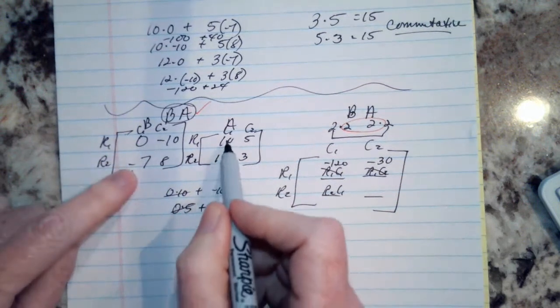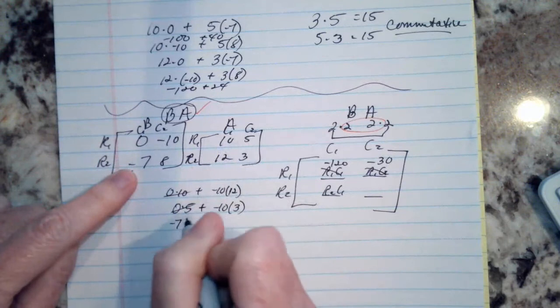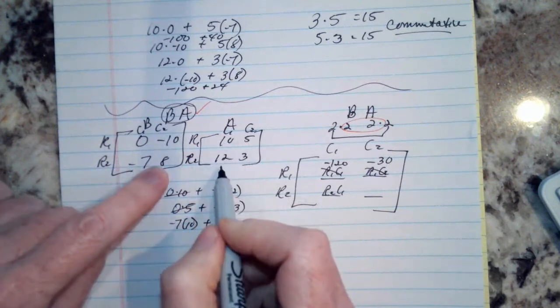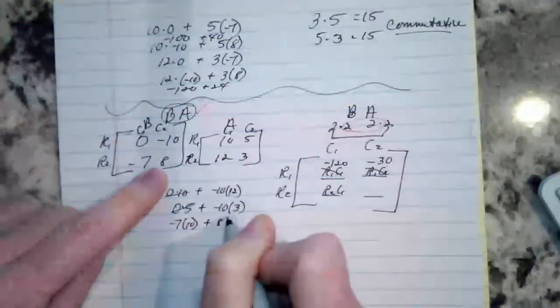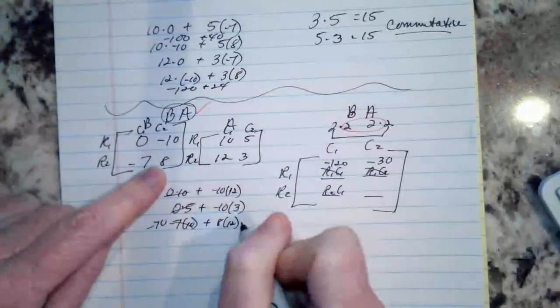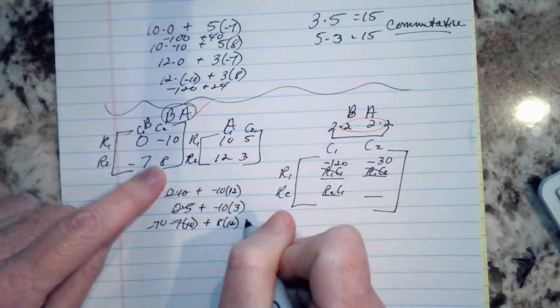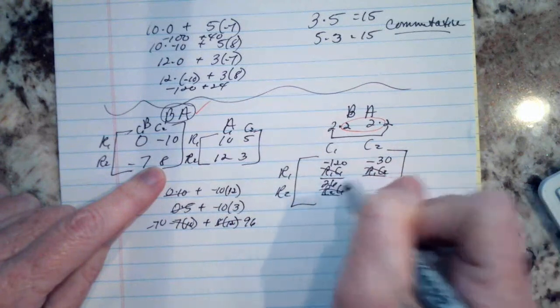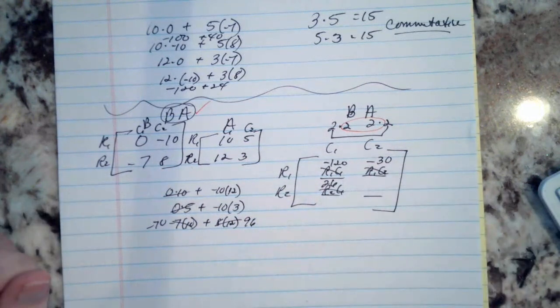So let's start on the left and the top. So negative 7 times 10. And then scoot over and down 8 times 12. So we've got negative 70 there. And we've got 96 there. So we get a positive 26 in that position.